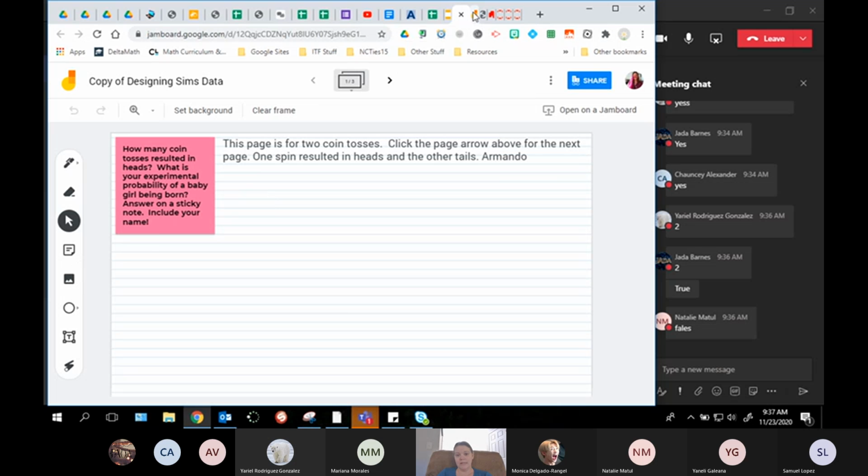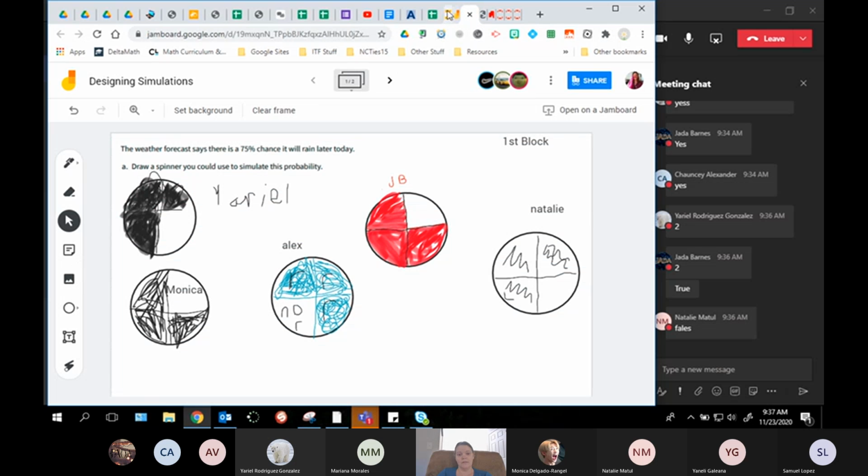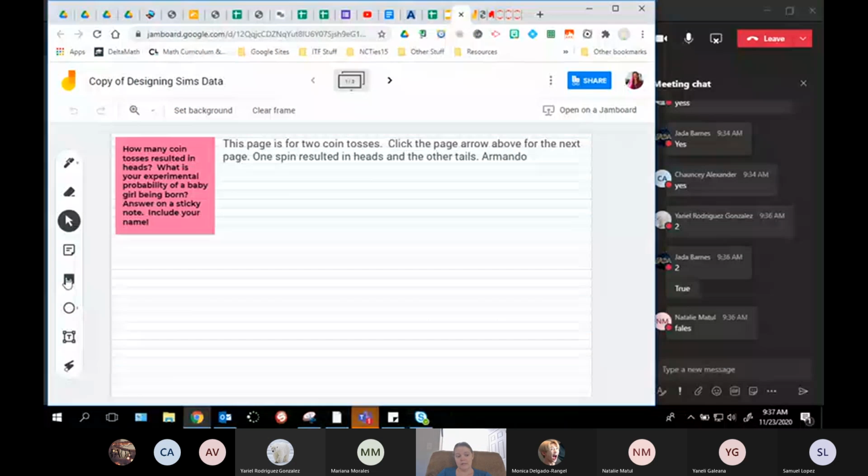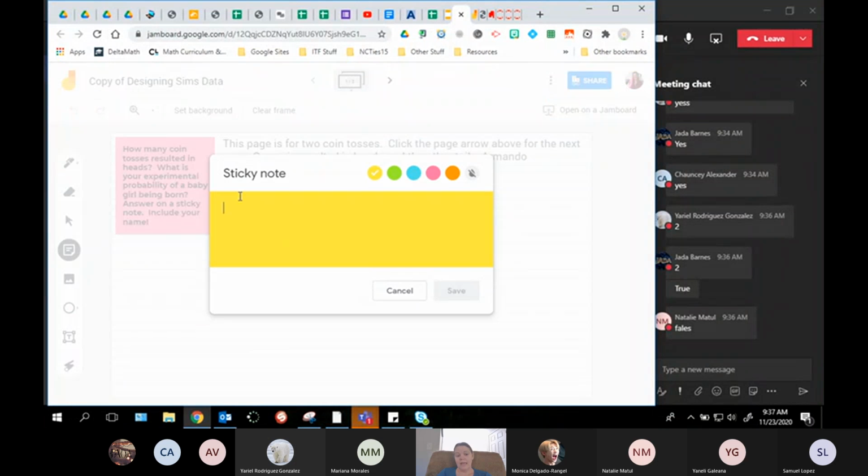What you're going to do is for this page right here with the 2 coin tosses, you have your results. You're going to go to the Jamboard, click the sticky note, and type your results on your sticky note with your name and save it.